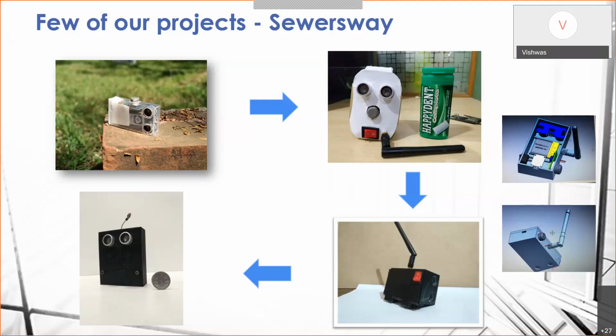LoRa stands for long range. It is a technology used for sending and receiving sensor data over large distances using very little battery power. That is the idea behind LoRa.